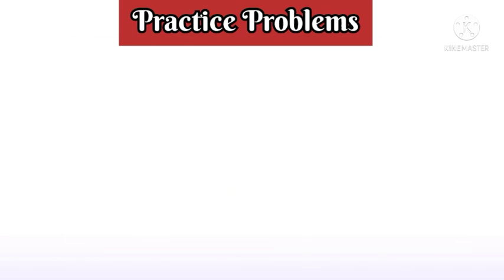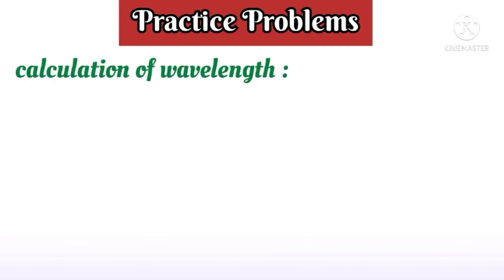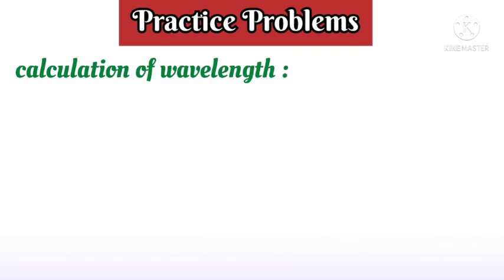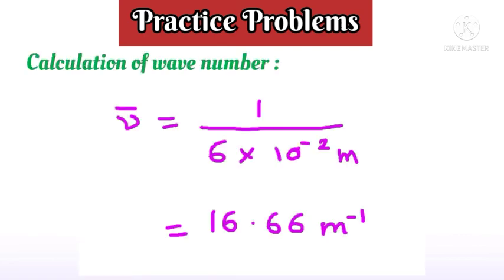Now c is equal to nu lambda, so by putting the values of c and nu and solving we get lambda to be 6 × 10^-2 meters, and for wave number it is 1 by lambda, which is equal to 1 by 6 × 10^-2 meter, that is equal to 16.66 per meter.